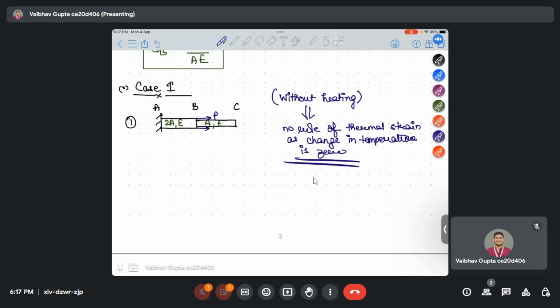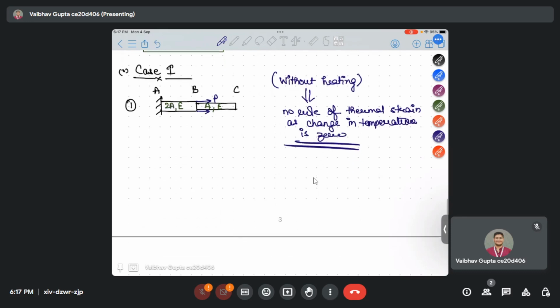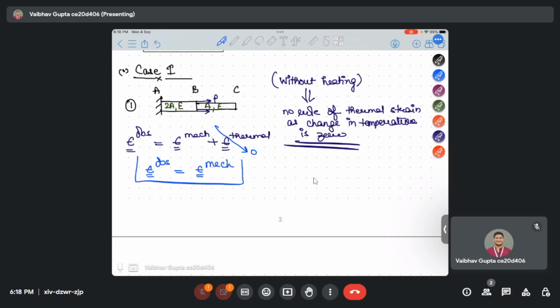So the first 3 cases I will solve without heating, and the next 3 cases of similar type I will solve with heating. So if we are not heating, our formula proposed above is epsilon observed equals epsilon mechanical plus epsilon thermal. Since epsilon thermal is 0, what we observe here is nothing but epsilon mechanical. Understood?